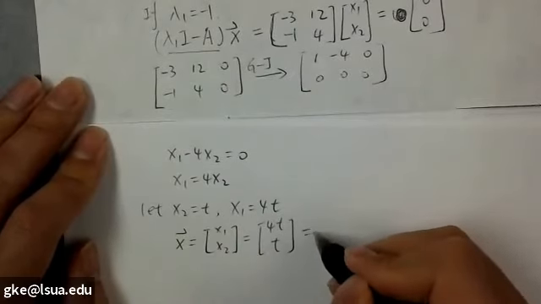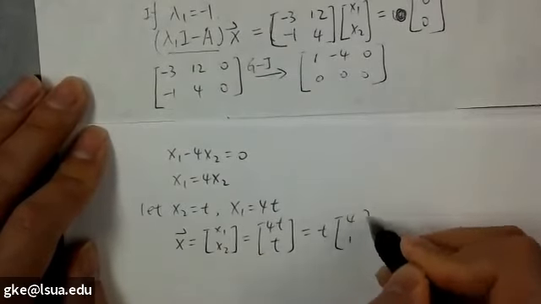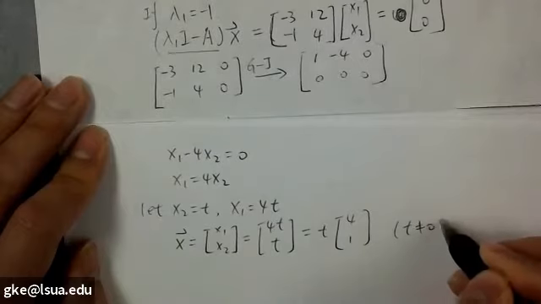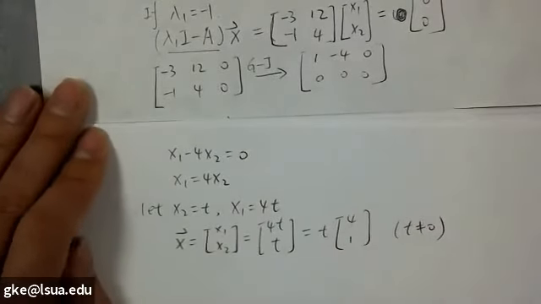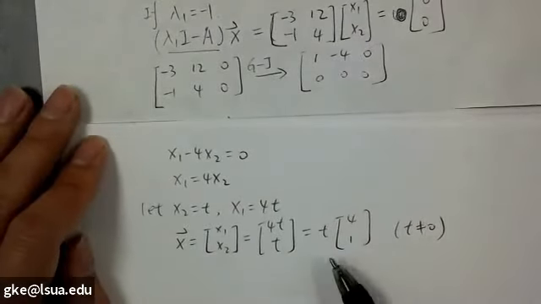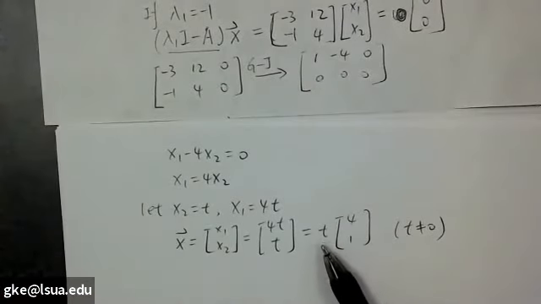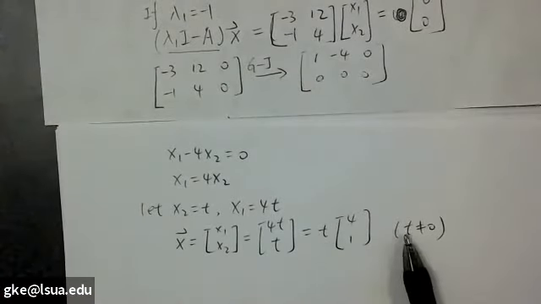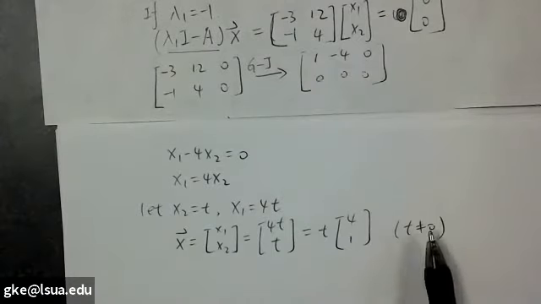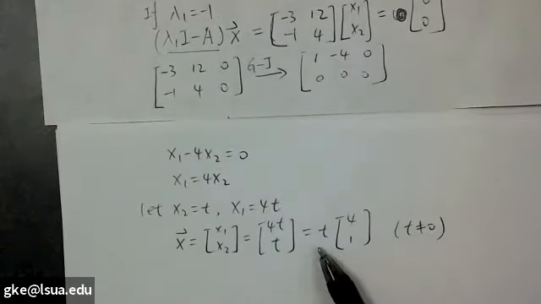And t doesn't equal 0, okay? So from this solution, we can say t can be any real number except 0.